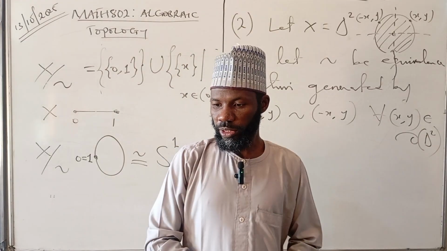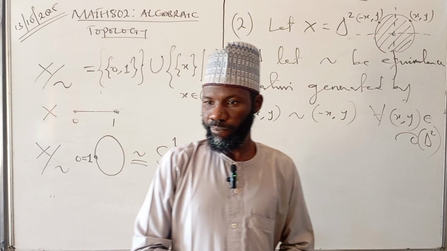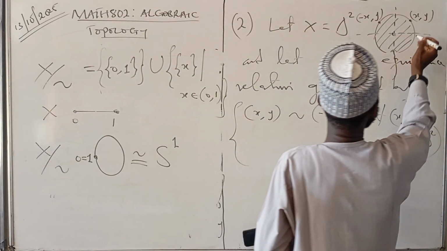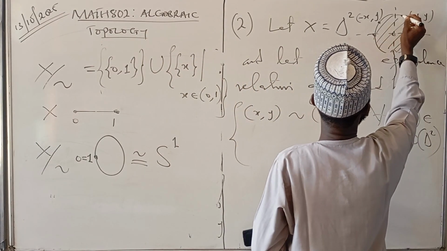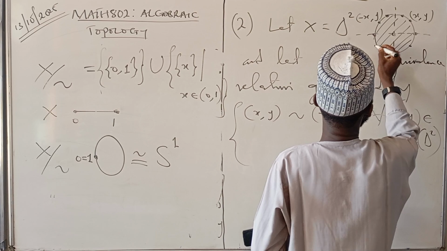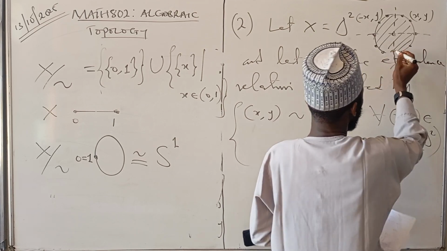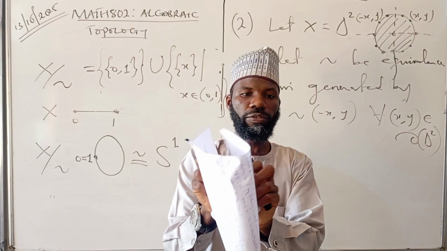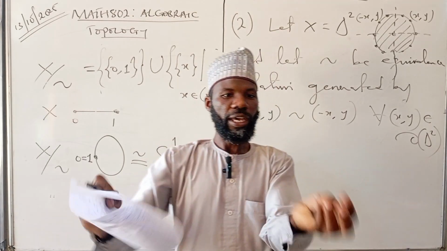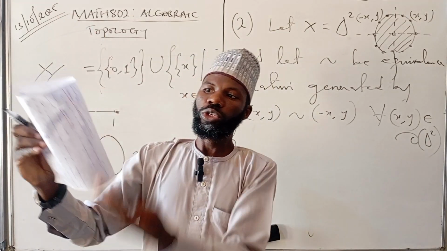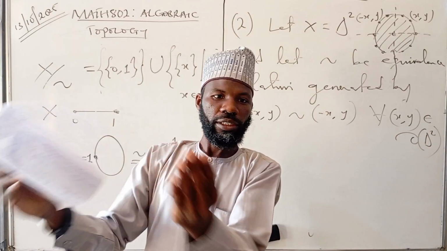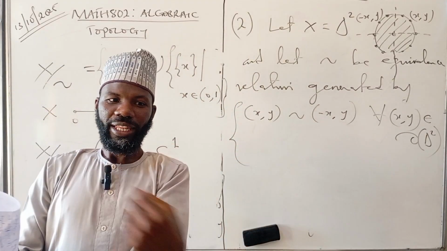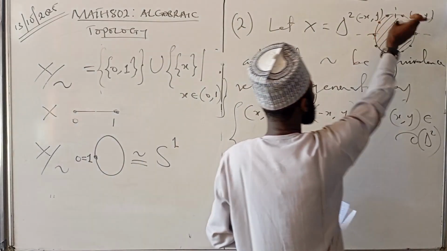Then this point will be identified with this point, and so on. It's like you have the disk, and then you are folding it to identify the points. You divide it through the diagonal, and then you fold it like this to identify the endpoints.